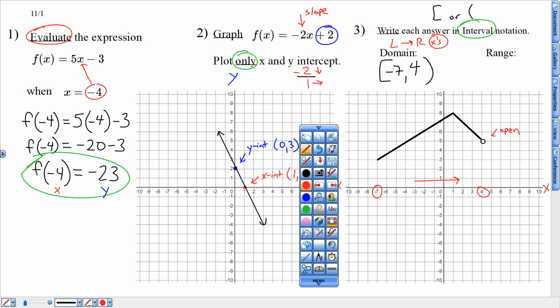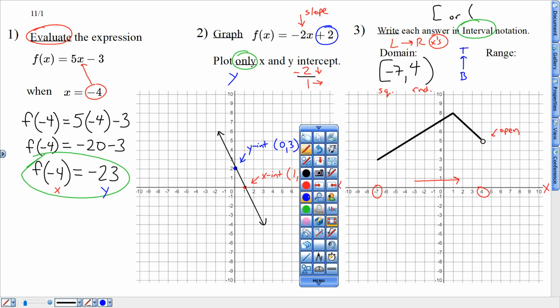So this one is square, this one is rounded. So know that. That's how I need to do that, from -7 to 4 rounded. If this was filled in, then I would do a square bracket right there, but it's not filled in, it's empty. All right, now my range is from the bottom number first to the top number written second.